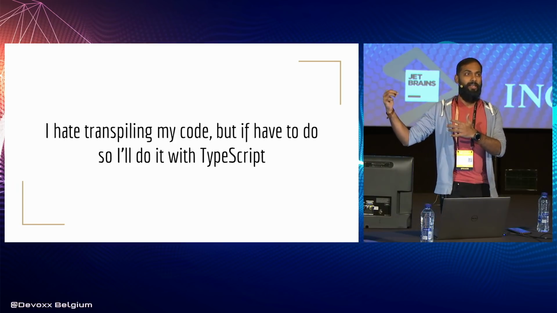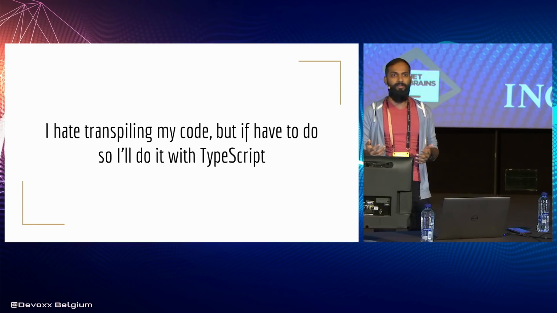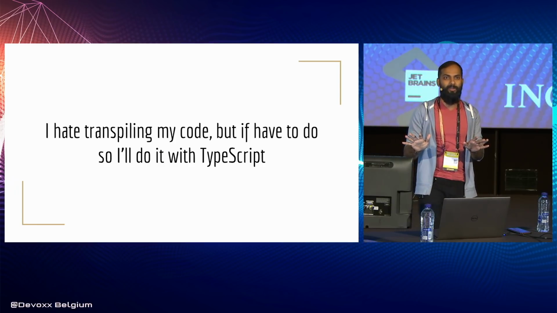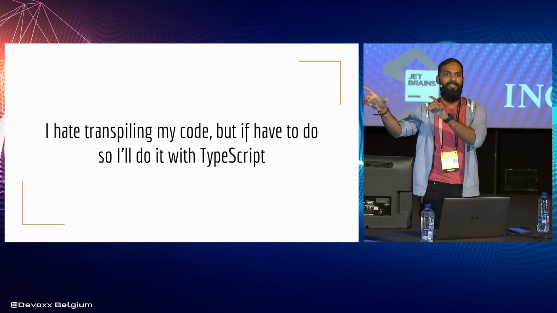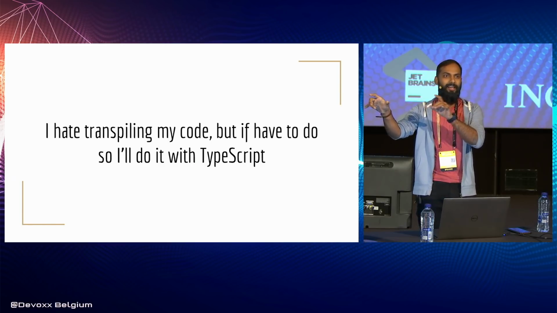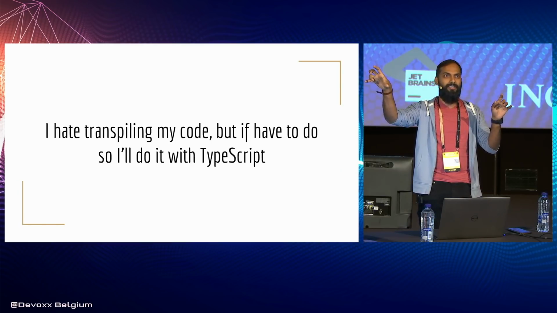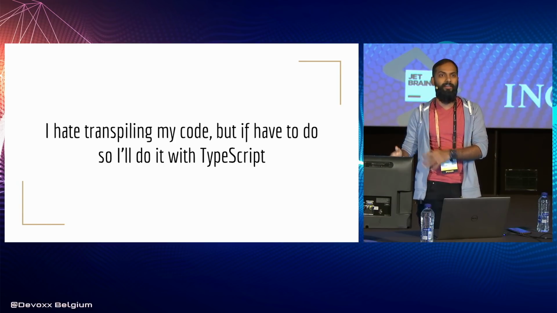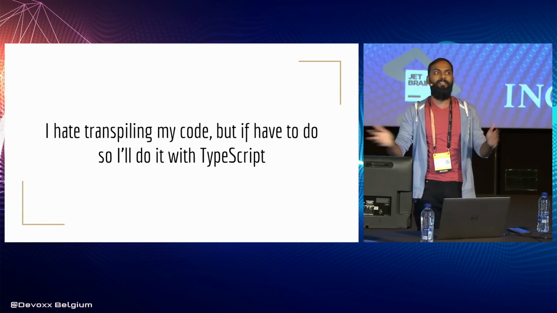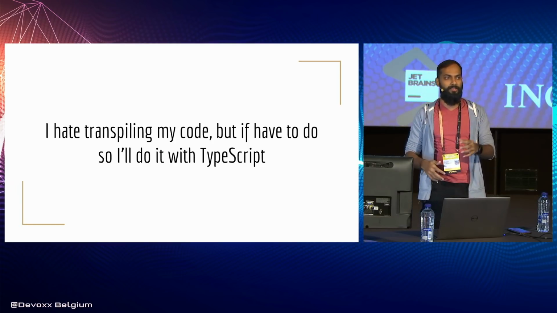So this is my personal opinion: I hate transpiling my JavaScript code. I have been doing JavaScript for almost 10 years now, and I hate transpiling my code. I'm so used to making my change and seeing the result immediately, and whenever I have to wait for the transpilation to complete to see my result, I still don't like it. I hate it. But if I have to do that, I would always do it with TypeScript rather than with, say, Babel plus this or Babel plus that.